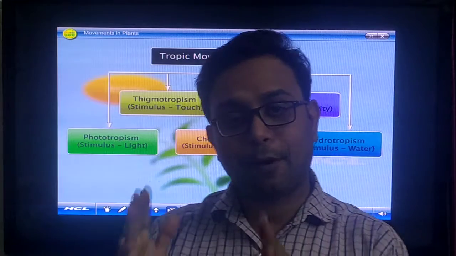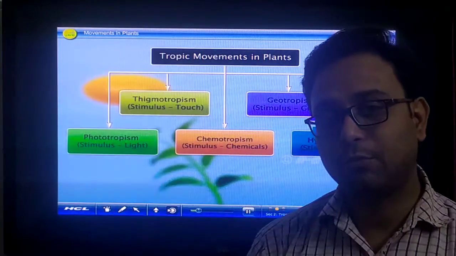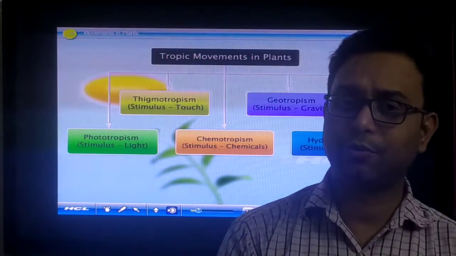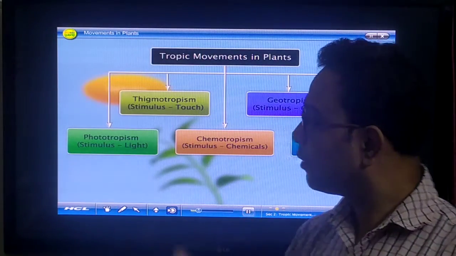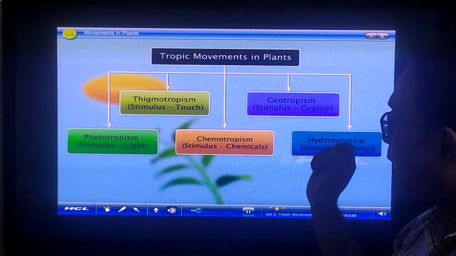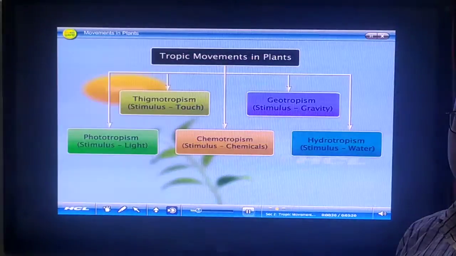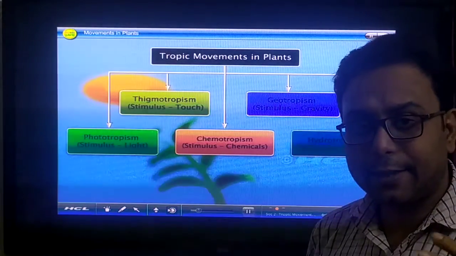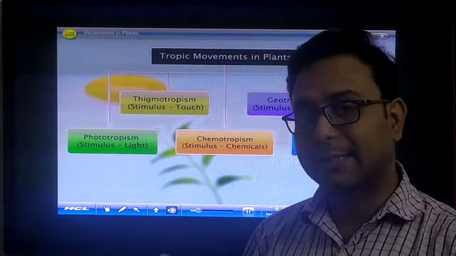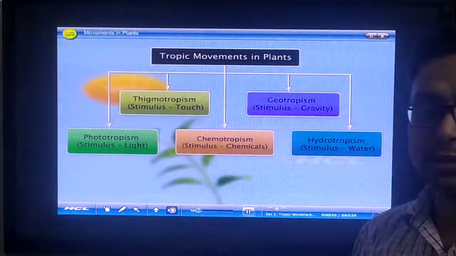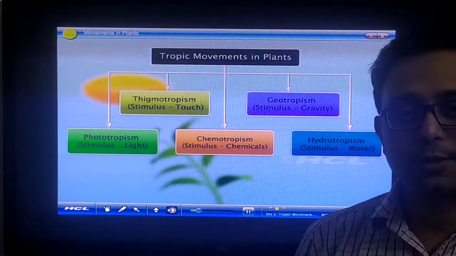But what type of stimulus is involved in that particular movement? According to this, we classify it: phototropism, thigmotropism, chemotropism, hydrotropism and geotropism. Why are their names different? Because photo means light. When the stimulus is light, it is phototropism; when touch is the stimulus, that time it is called thigmotropism.